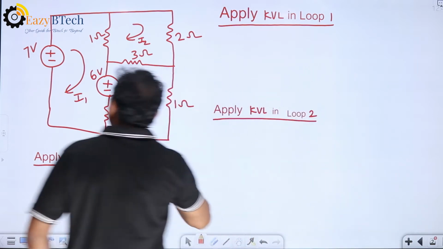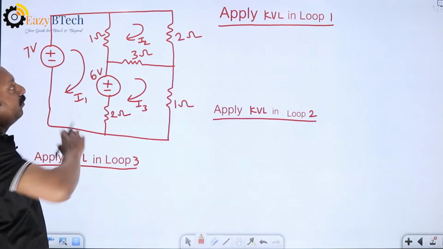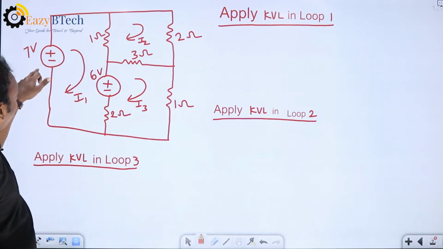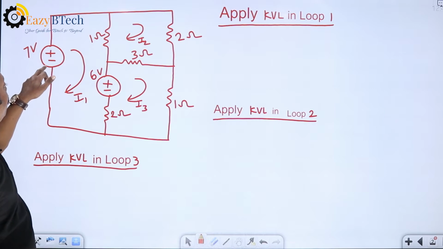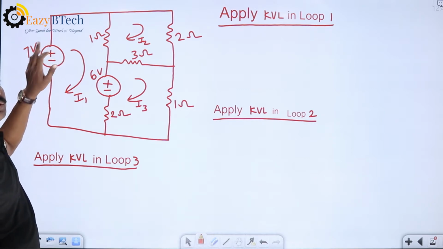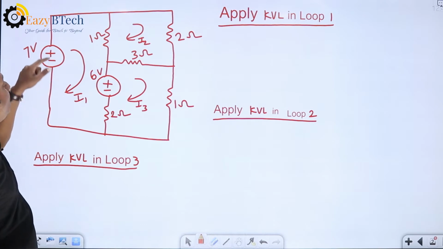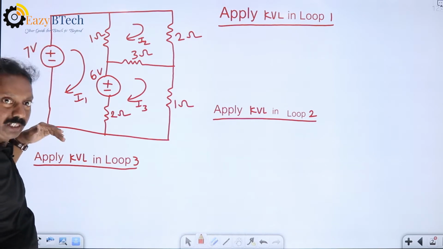Algebraic sum of the voltages in your loop equal to 0. So I am applying KVL in loop 1. How to write the loop 1 equation? This is the voltage source, current going from negative to positive terminal. So always take the negative terminal only. If the current is going from positive to negative, then you take the positive.